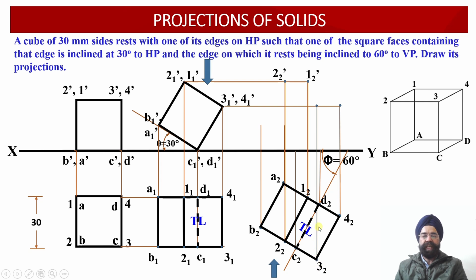This is the vertical projector line drawn through 3, 2, so this will provide us with the location of the point 3, 2 dash. Similarly, this is the vertical projector line drawn through the point 4, 2. The intersection of this vertical projector with the horizontal projector line drawn through the point 4, 1 dash provides us with the location of the point 4, 2 dash.